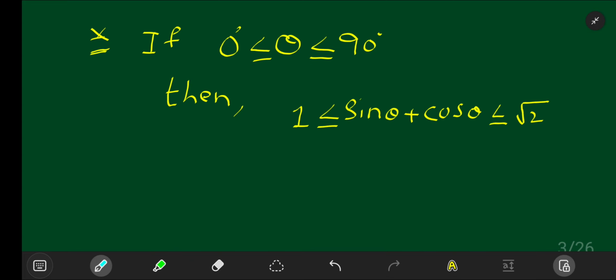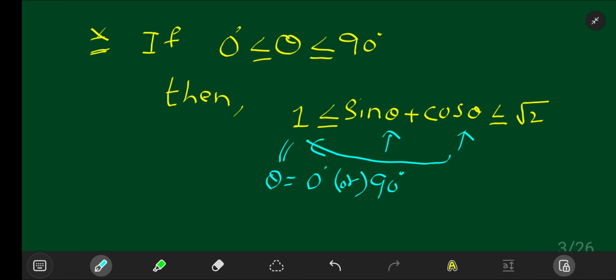The minimum value of sin theta plus cos theta is equal to 1, when theta is equal to 0 degrees or 90 degrees, the 1 will come. If you substitute 0 degrees, sin 0 is 0, cos 0 is 1, so at 1 the minimum value will come.